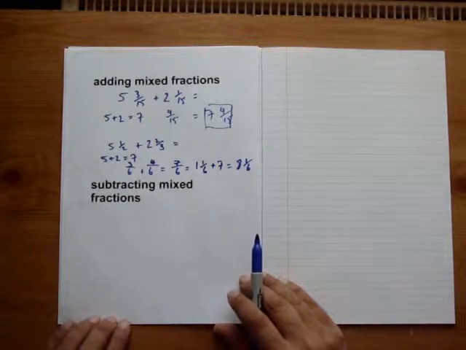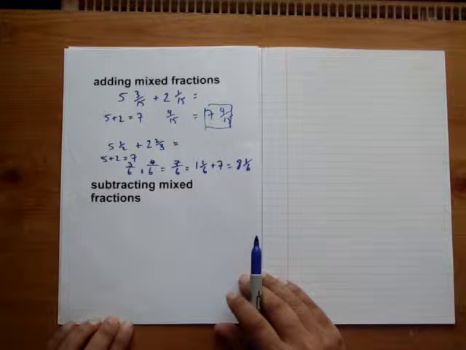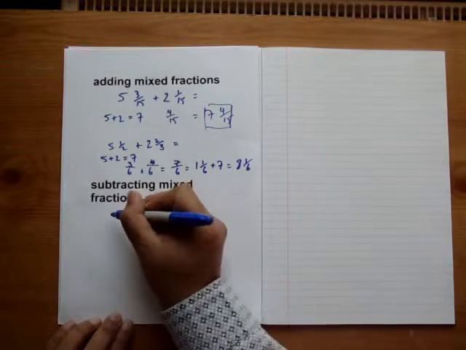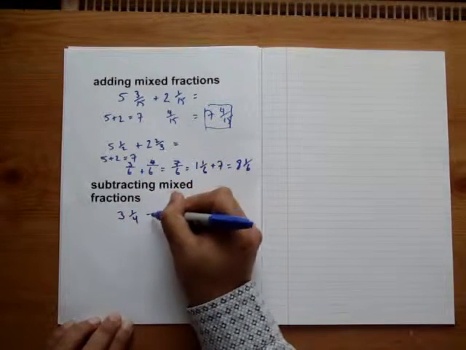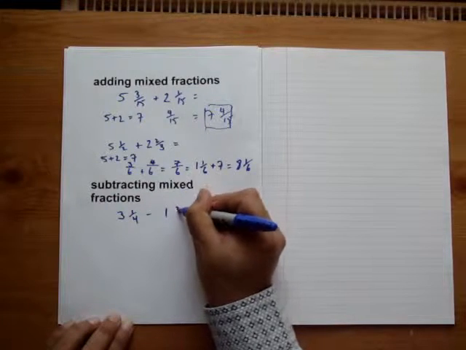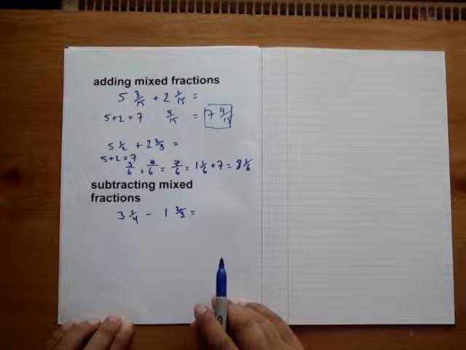When subtracting mixed fractions, we don't take away the integers. What we do for subtracting, multiplication and division is we make the fractions into improper fractions and then carry out the operation on them. So if we have 3 and 1/4 minus 1 and 2/3, make it into an improper fraction.